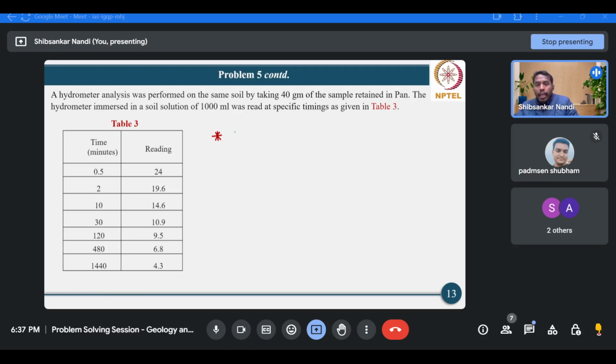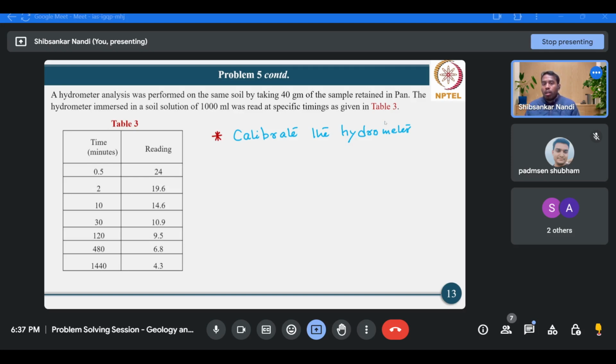First of all, you have to calibrate the hydrometer. Right now I am not going into the details of the physical description of the hydrometer, how it works, its working principle.